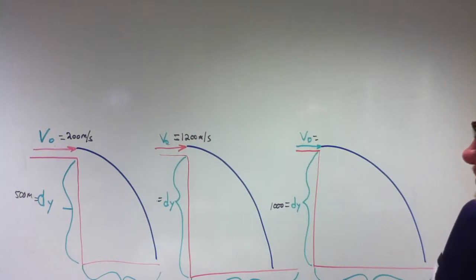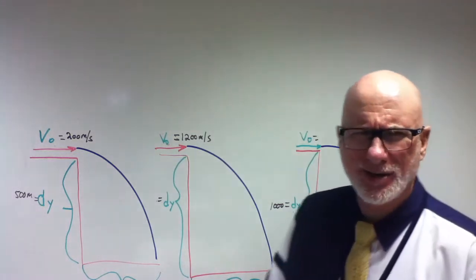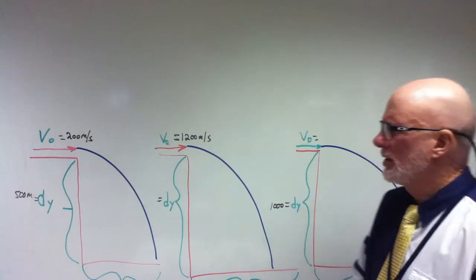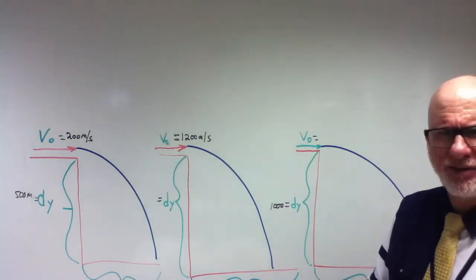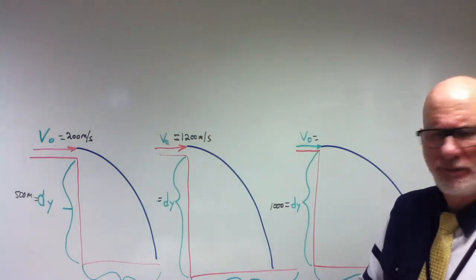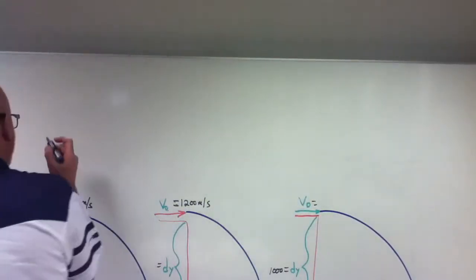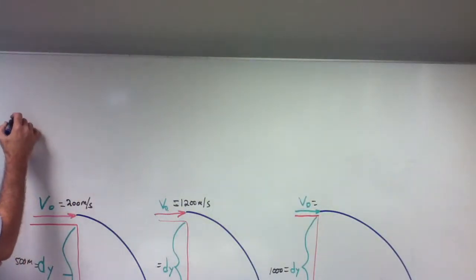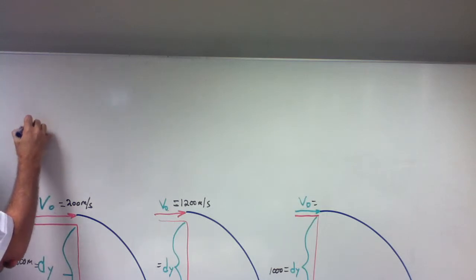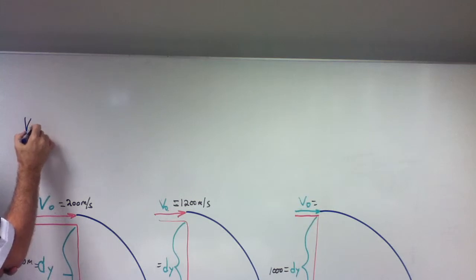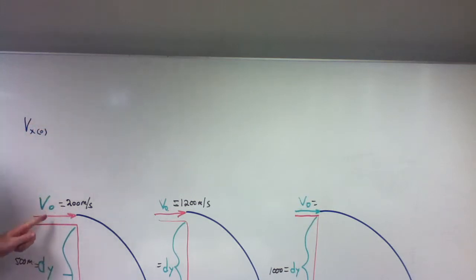What I want you to do is, we'll talk about them. Remember we did this on like Thursday, right? So let's look at some of the math involved. What kind of math do we need? Well, we know that we have Vx, or V naught, because it's initial.